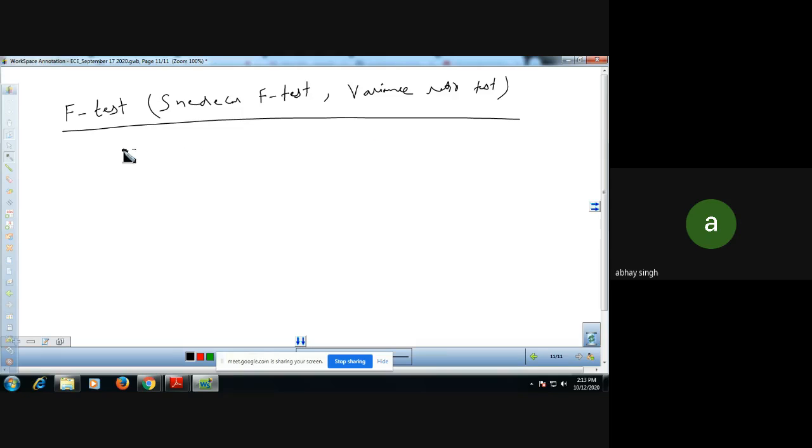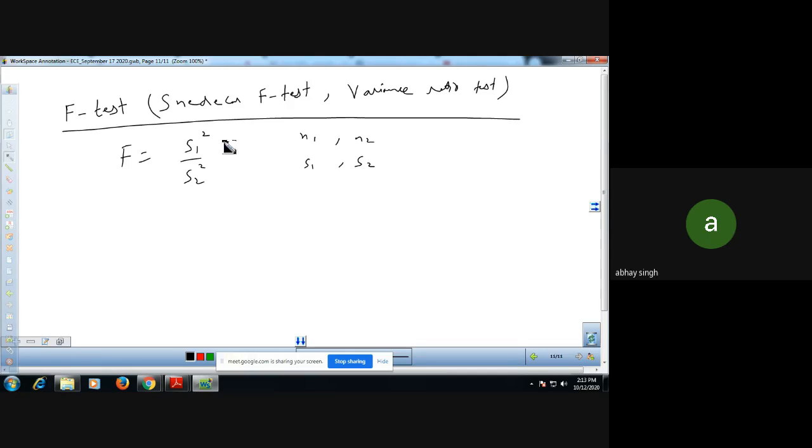Now in this test we have to compute the ratio of the variances S1 square and S2 square. These are the variances of two samples with sizes n1 and n2, and their standard deviations are S1 and S2.